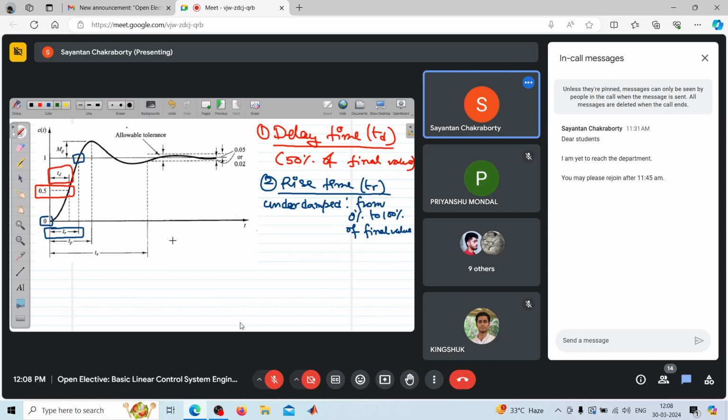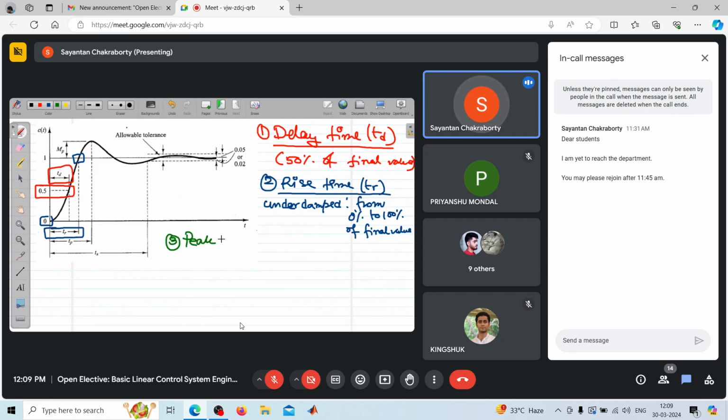Third is peak time and peak overshoot. Since we'll discuss this, the nature of the response is oscillatory due to the underdamped condition. It will reach a peak, and it can be shown that this peak is the maximum peak because it is always encapsulated by an exponential envelope. Okay, I'll discuss that.